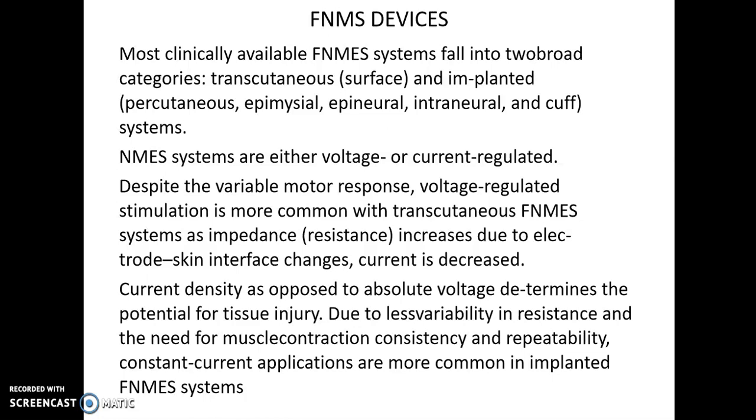In the case of voltage based devices, they are mostly used for transcutaneous. Most of the equipment we are using is voltage based. But where the electrodes are implanted, it is better to use a constant current application.